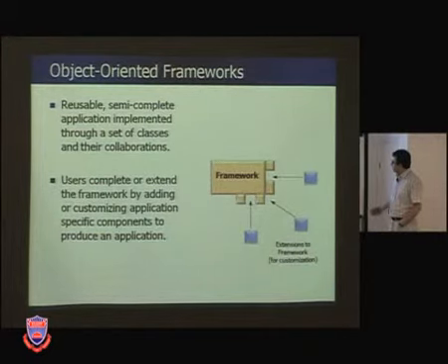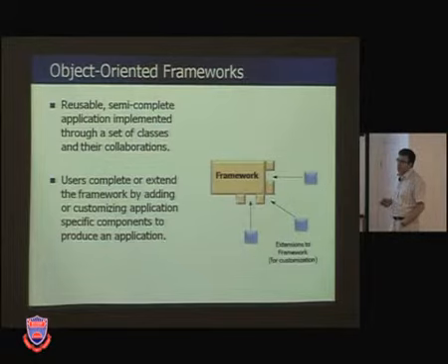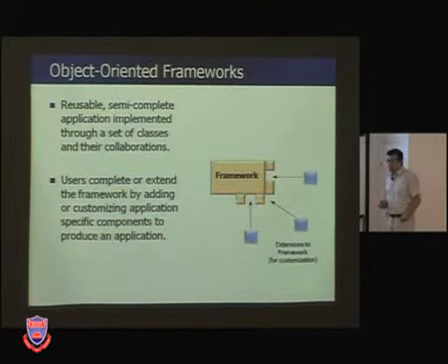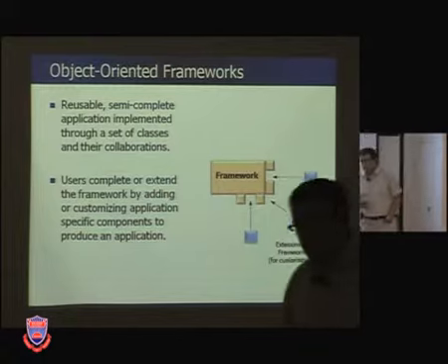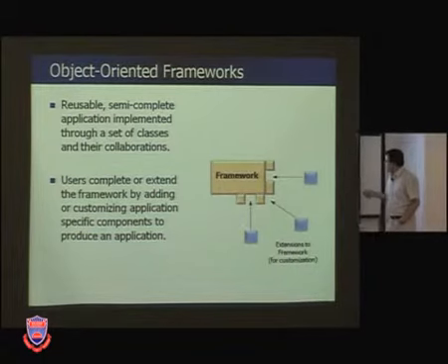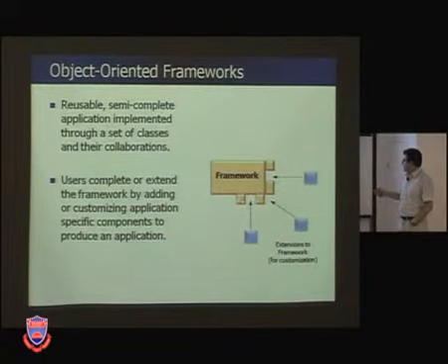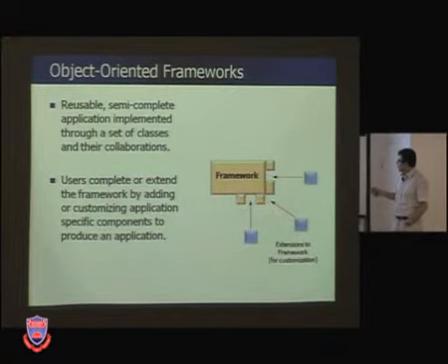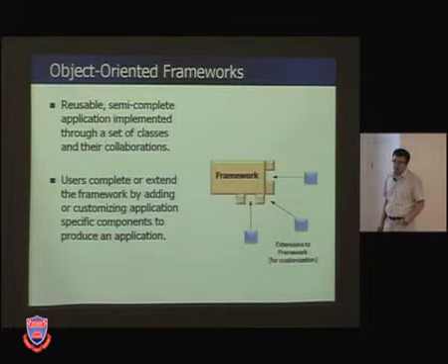An object-oriented framework is thus a reusable semi-complete application implemented through a set of classes and their collaborations. This is the framework in the abstract sense, and the users of the framework just complete or extend the framework to define a custom application.